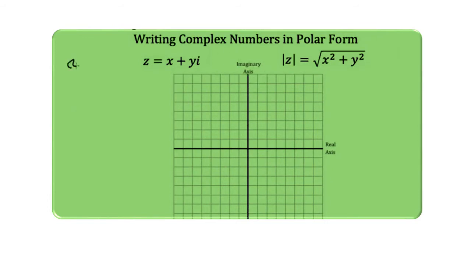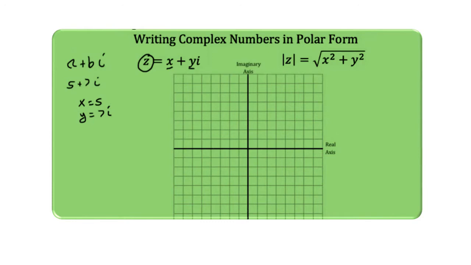So if I have 5 plus 7i, then my complex number z, I could say, is x plus yi, and in this case x, or my real part, is the 5, and in my imaginary part, y is 7, or you can think 7i.